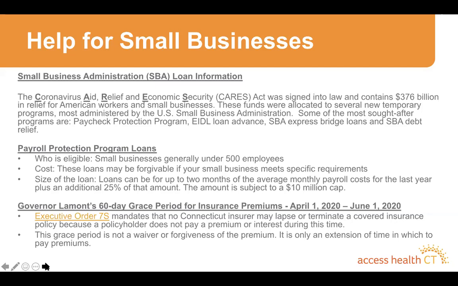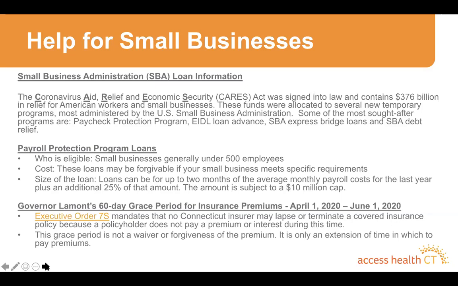Governor Lamont's 60-day grace period for insurance premiums from April 1st through June 1st of 2020. There's Executive Order 7S, which mandates that no Connecticut insurer may lapse or terminate a covered insurance policy because a policyholder does not pay a premium or interest during this time. So there is a grace period for insurance premiums that the carriers have to follow.